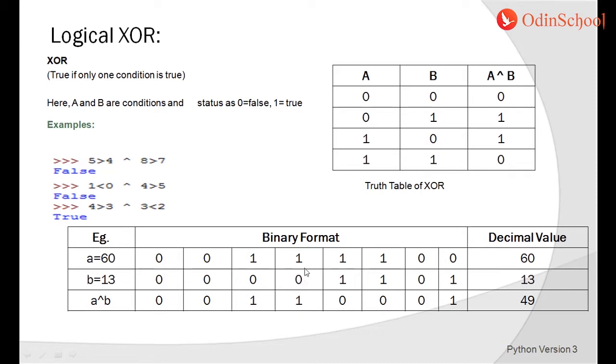So here you can see for this is 1, for this is 0, 0 and here is the 1. If you convert this binary value into decimal format, then its result would be 49. So if you want to convert any number from decimal to binary, binary to decimal, at that time you can use this XOR and OR.